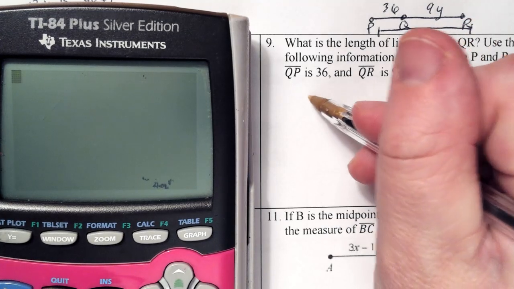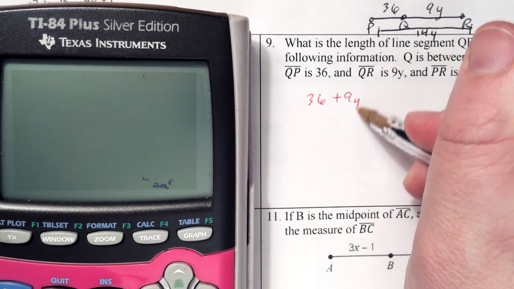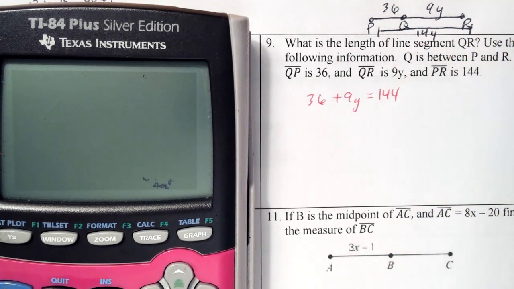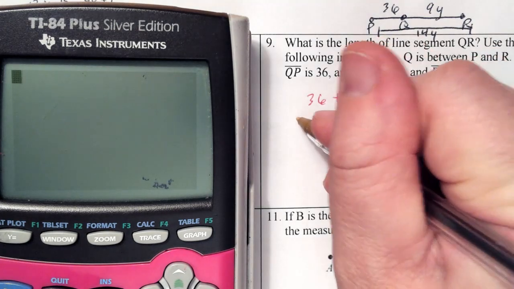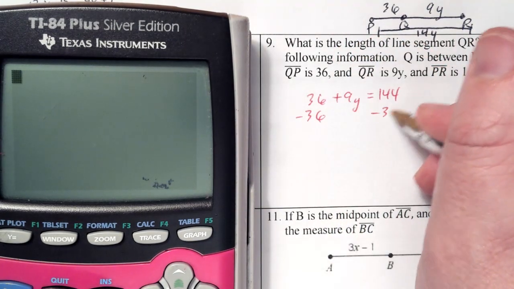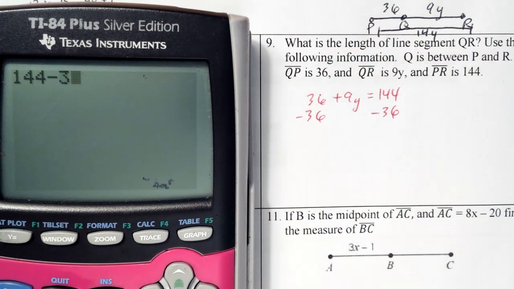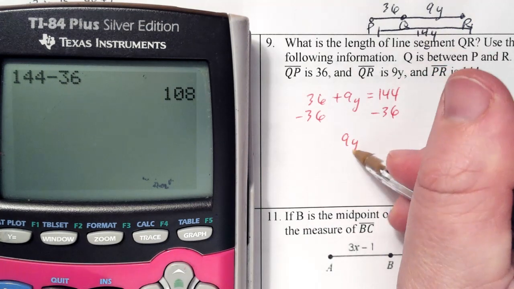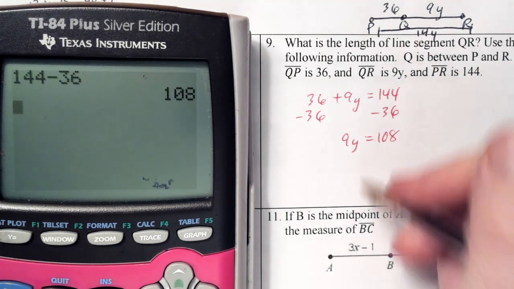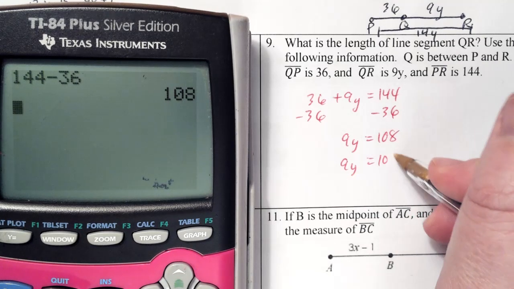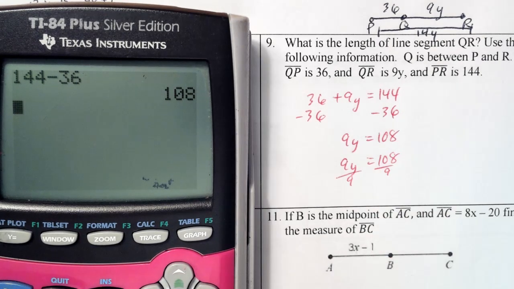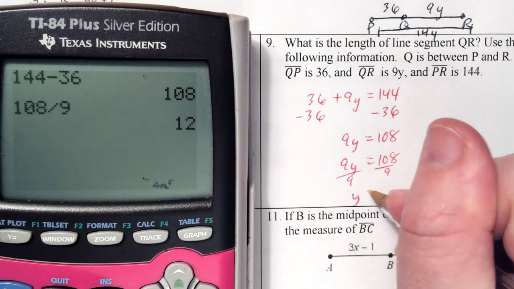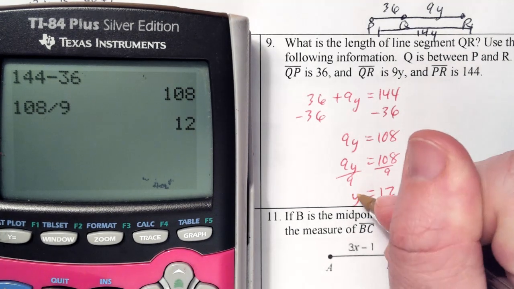So we would have 36 plus 9y is equal to 144. All right, we're going to subtract 36 from both sides. 144 minus 36, we get 9y is equal to 108. We divide both sides by 9. So 108 divided by 9, we get y is equal to 12.